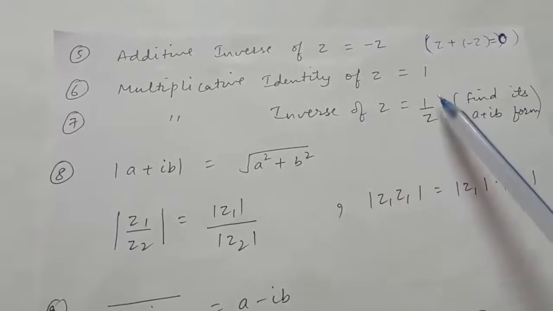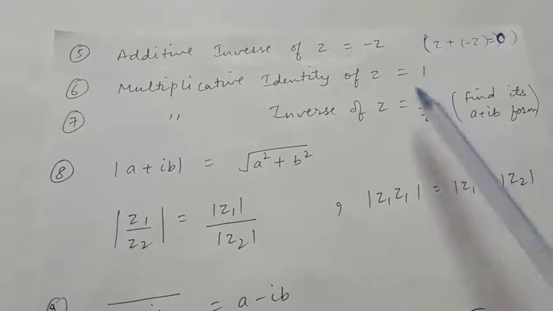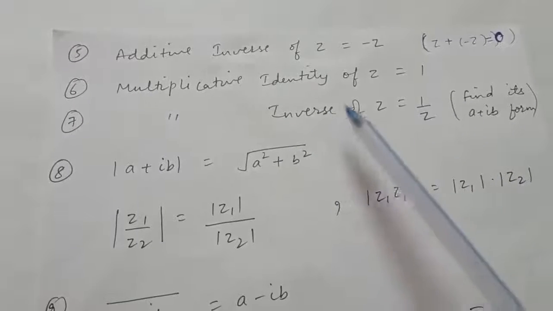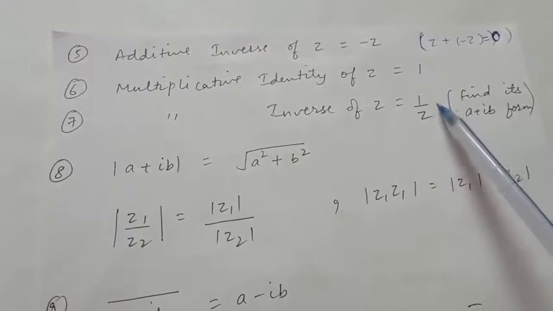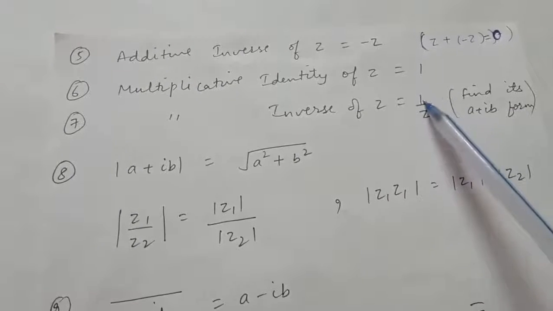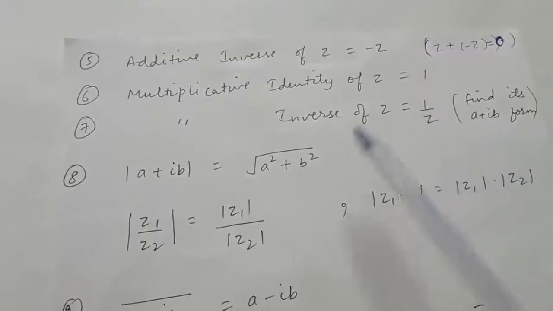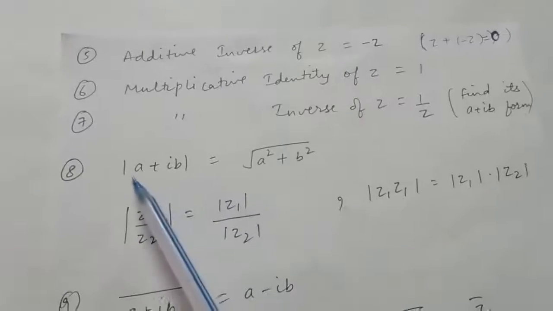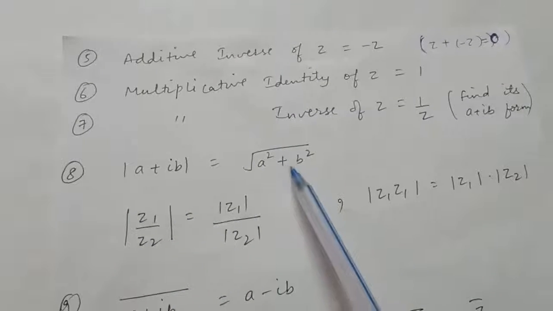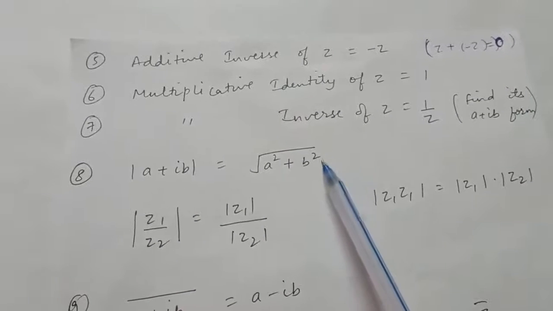Also, when in the question you are asked to find the multiplicative inverse, do not leave the answer as 1 by z, find the a plus iota b form of this, right? Now the modulus of a complex number is equal to root of real part square plus imaginary part square, right?